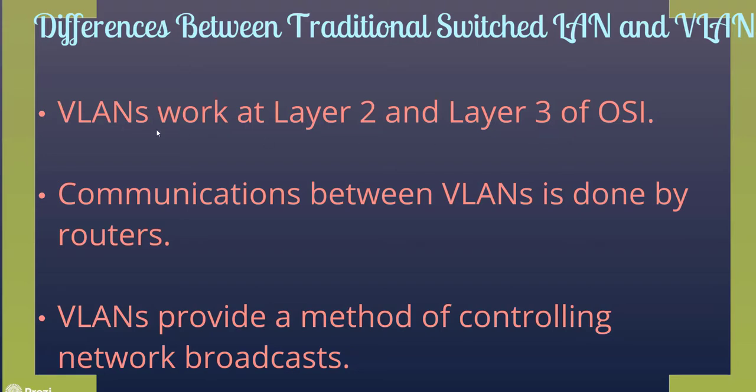So VLANs work at both layers, so they can forward and receive information from both layer 2 and layer 3 of the OSI model, so both MAC and IP addresses. Communication between VLANs is done by routers. VLANs provide a method of controlling network broadcast.